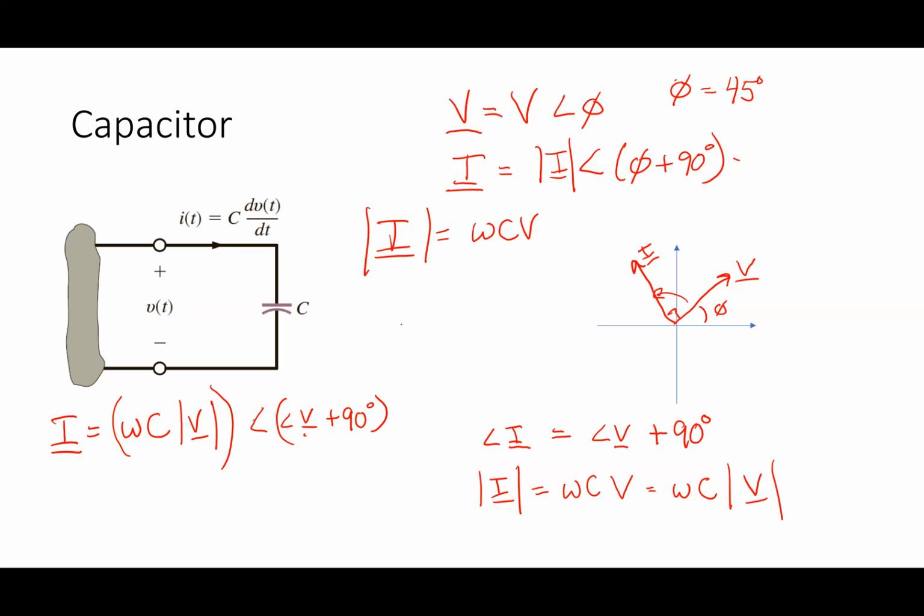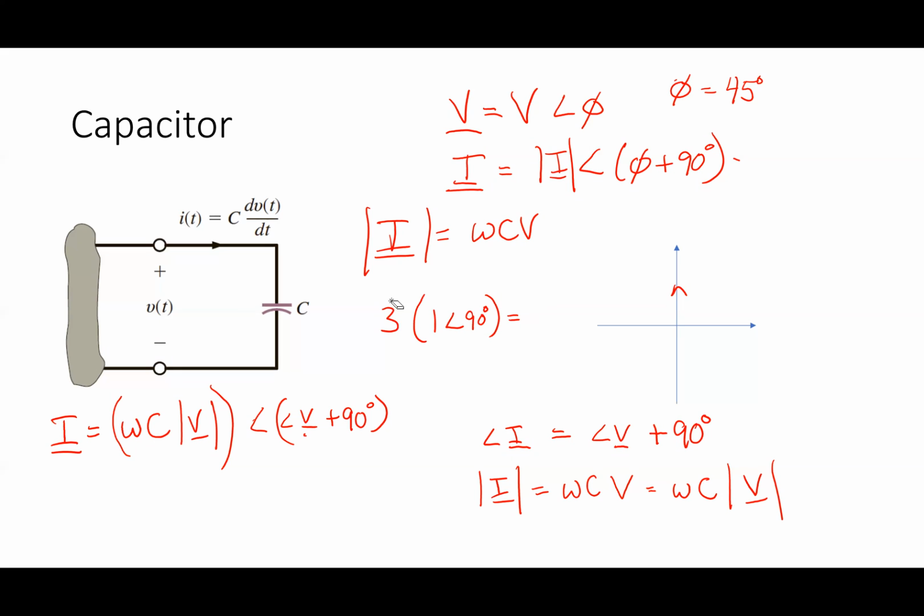If I add 90 degrees to something, so if I take the number 3 and multiply it by 1 with an angle of 90 degrees, and I draw where that is in the complex plane, it's just straight up.